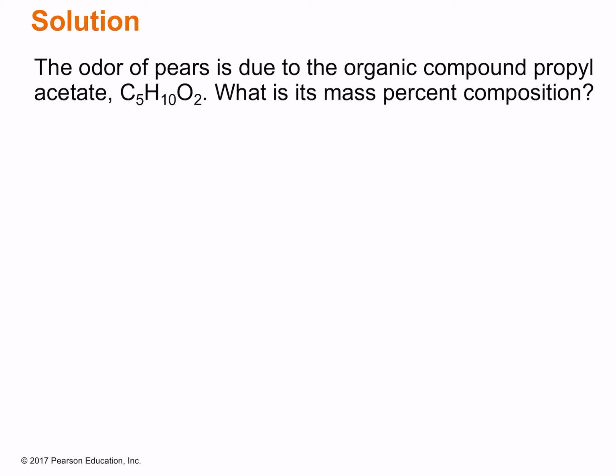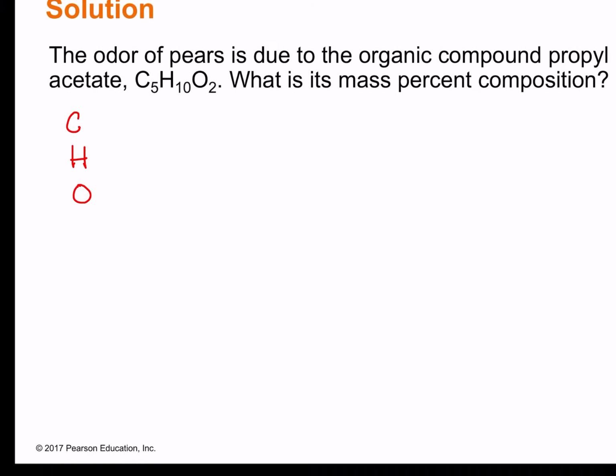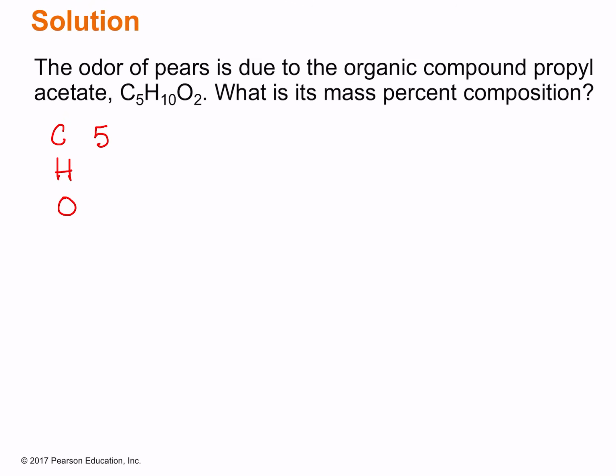So in propyl acetate, we have carbon, we have hydrogen, and we have oxygen. So we have 5 carbons, 10 hydrogens, 2 oxygens. And we're going to multiply those by their masses on the periodic table. So carbon will be times 12.01, this will be times 1.01, this will be times 16.